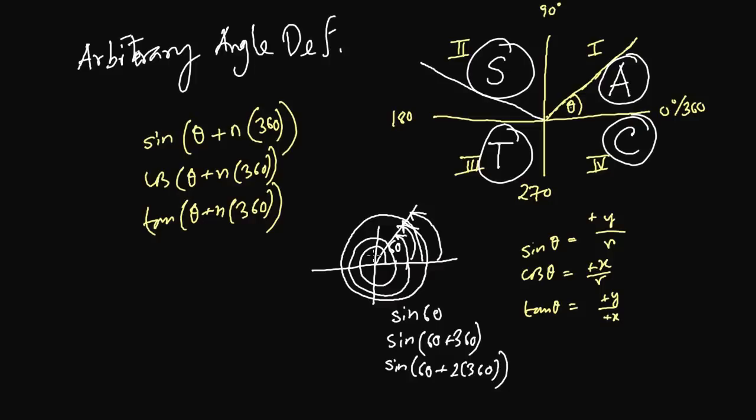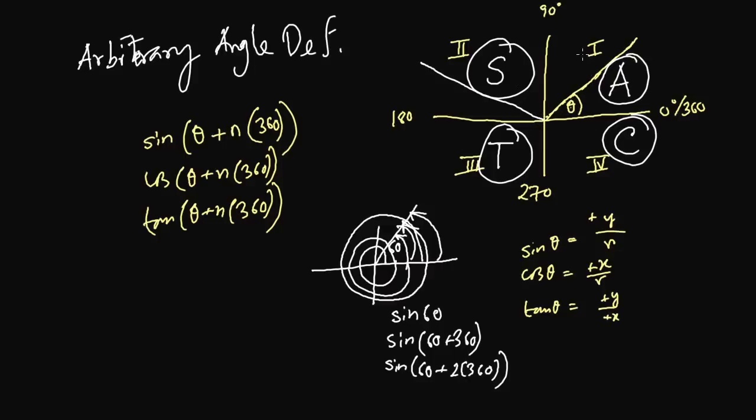So sine 60 degree, sine 420 degree, sine 780 degree refer to the same position, but since the angle is arbitrary, we can keep on going and going and going, and we can have the same position, but the angle can keep on increasing. So it is important to understand that the arbitrary angle definition refers to this picture.